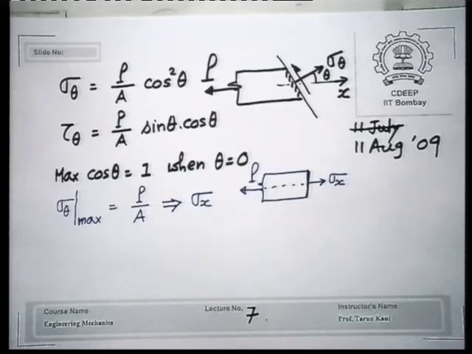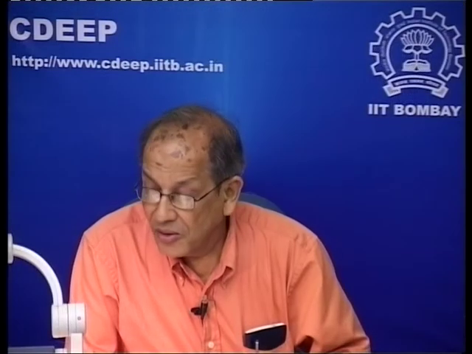What about tau theta? Maximum will be when theta is 45, because when theta equal to 0 it is 0, when theta equal to 90 this is also 0. So, the maximum value will be when sin theta and cosine theta are 1 by root 2.